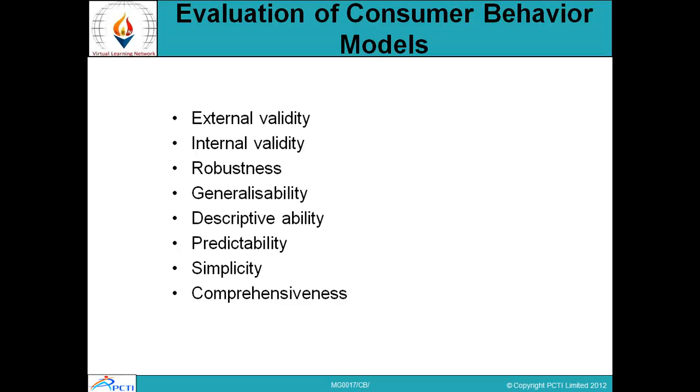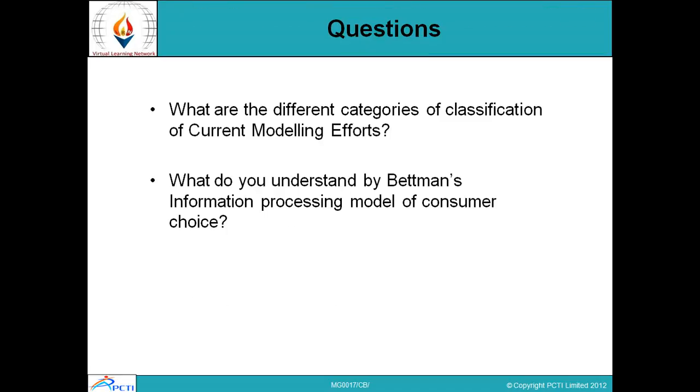Alright, friend, let's summarize what we have learned. The unit we have learned focused on consumer behavior models. We discussed two models, that is the Nicosia model and the Batman information processing model. Let's proceed to the questions. What are the different categories of classification of current modeling behavior?